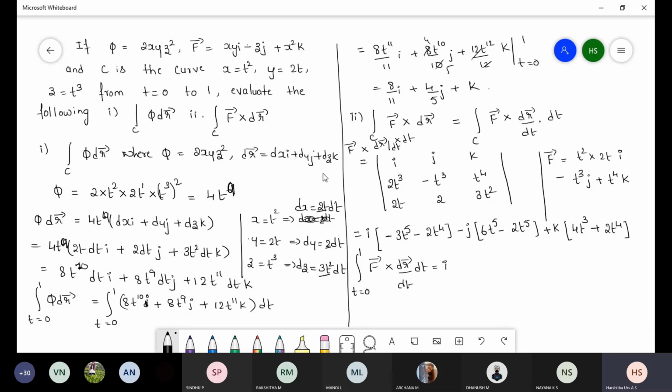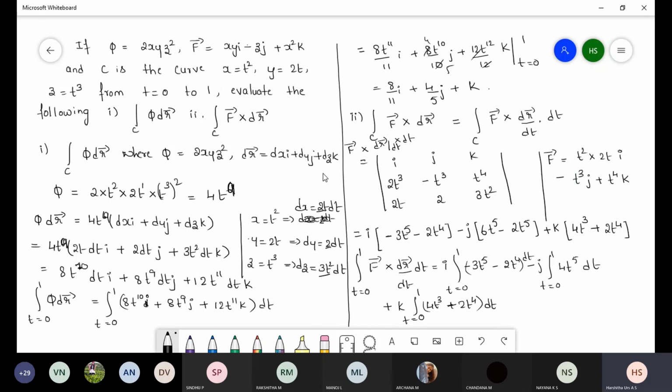Is equal to I into, apply the integral t is equal to 0 to 1, minus 3t power 5 minus 2t power 4, minus j into t is equal to 0 to 1, 6 minus 2, 4t power 5, here into dt you write, here also into dt, plus k into t is equal to 0 to 1, 4t cube minus 2t plus 2t power 4 into dt.